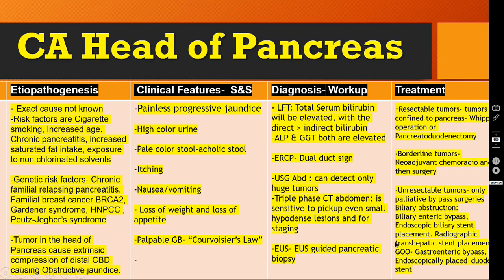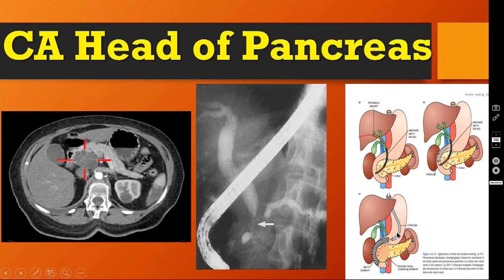In case of gastric outlet obstruction, you can do a gastroenteric bypass, that is gastrojejunostomy, or you can put endoscopically a duodenal stent. These are all only palliative procedures, not curative procedures.